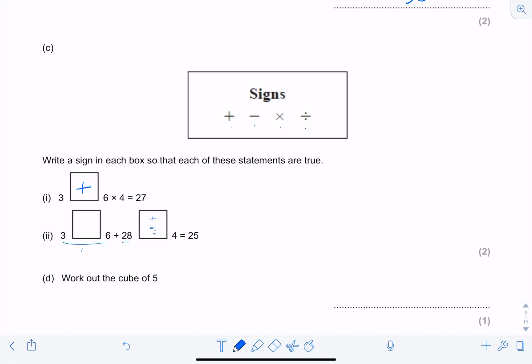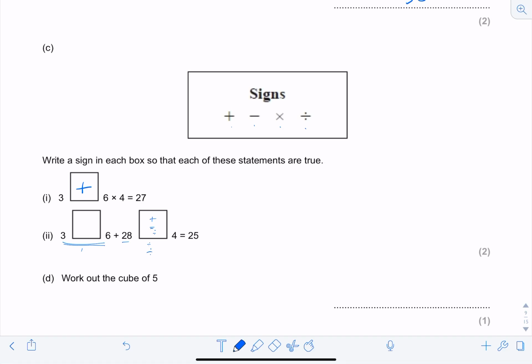28 plus 4? Ooh. 28 plus 4 is 32. But I can't make that into negative anything. So it can't be plus. What about divide? 28 divided by 4 is, again, this will just be a bit of trial and error, really.